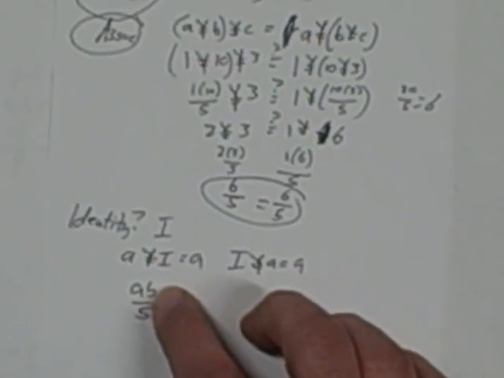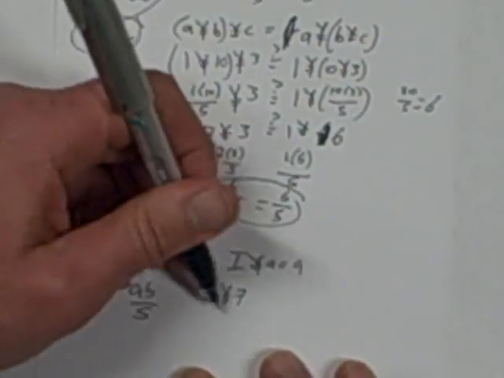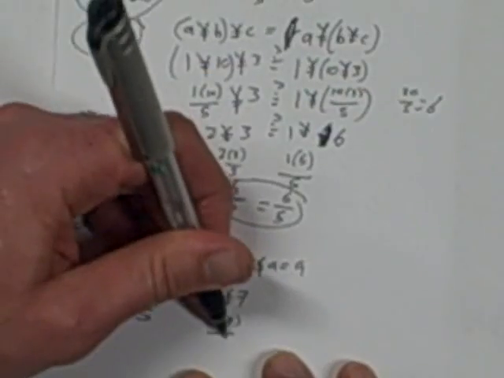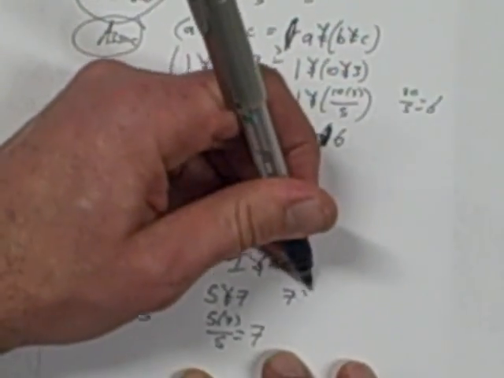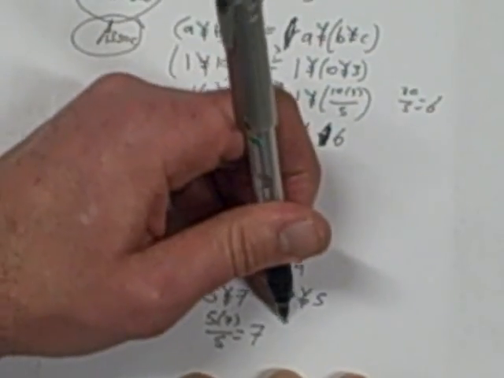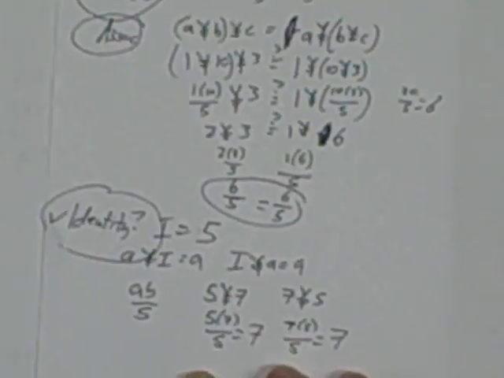So actually, if one of these is a 5, it just cancels and it leaves the other one. So I think the identity is 5. So for example, if I go 5 combined with 7, 5 times 7 over 5 is 7. See, it gives me 7 back. Or if I go 7 combined with 5, 7 times 5 over 5 is 7. Yep, it has an identity, and the identity is 5.